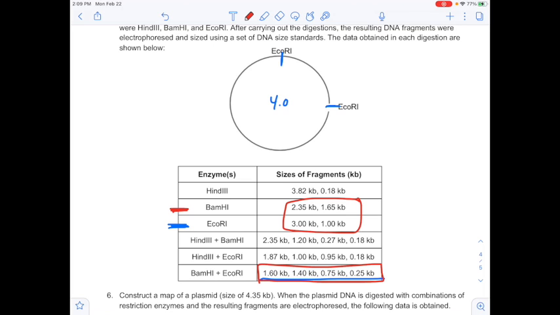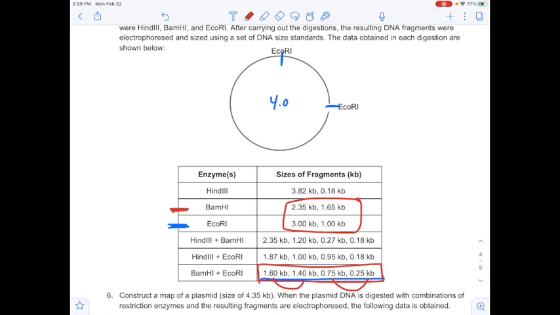So does anything add up here? Kind of. The 1.6 and the 1.4 look like they add up to a 3. Okay. And the 0.75 and 0.25 add up to a 1.